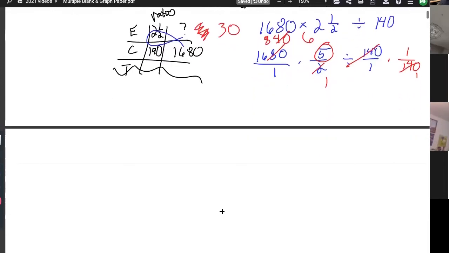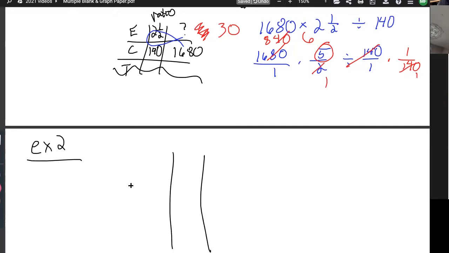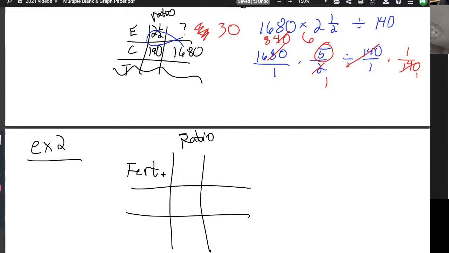All right, let's do example 2. Example 2 says this. It takes 3 tons of fertilizer. So this is still the ratio column, and we're going to go fertilizer for one of the rows. So 3 tons of fertilizer for 170 acres. So this is going to be acres. Farmer Brown wants to fertilize 1,870 acres.